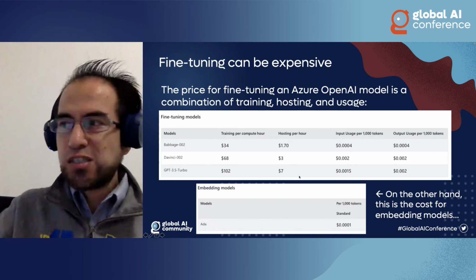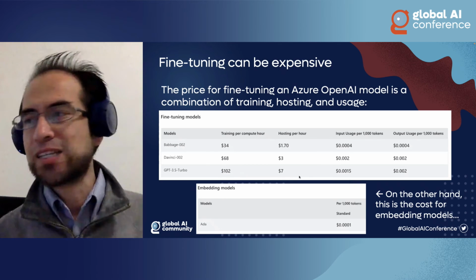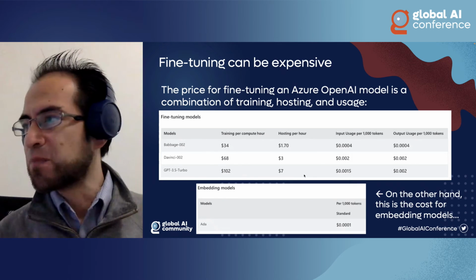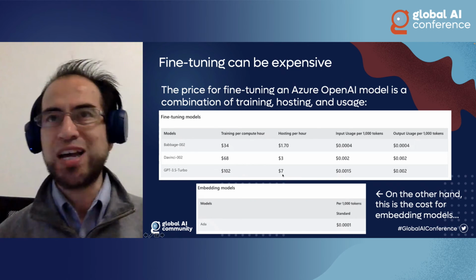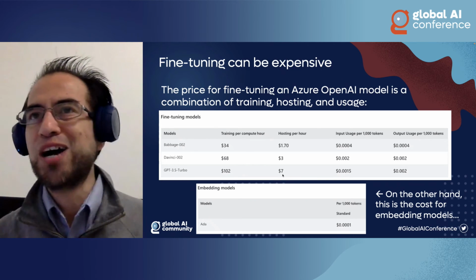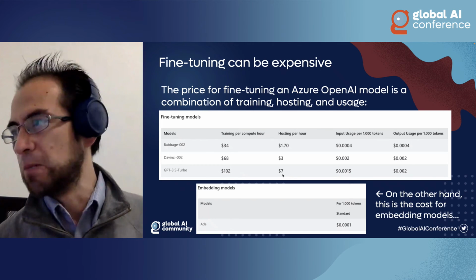And then it needs to be hosted, so you can later ask questions to it. And it costs $7 per hour. So you can do the math and know how much it costs for 1 day, for example.